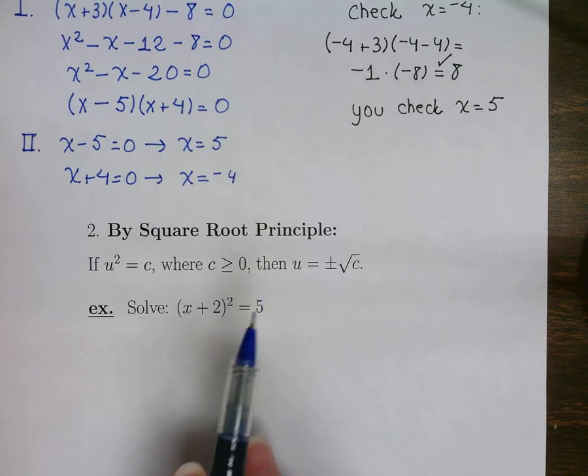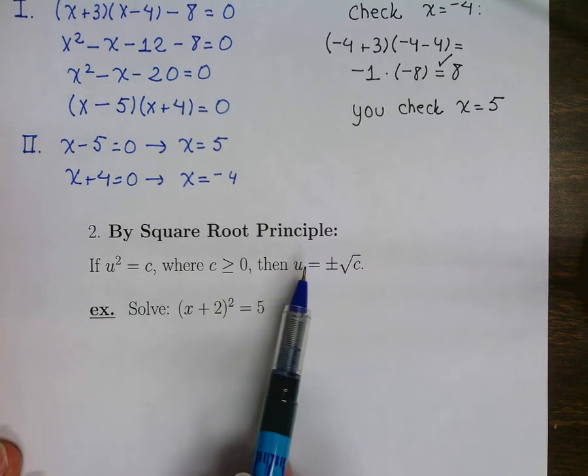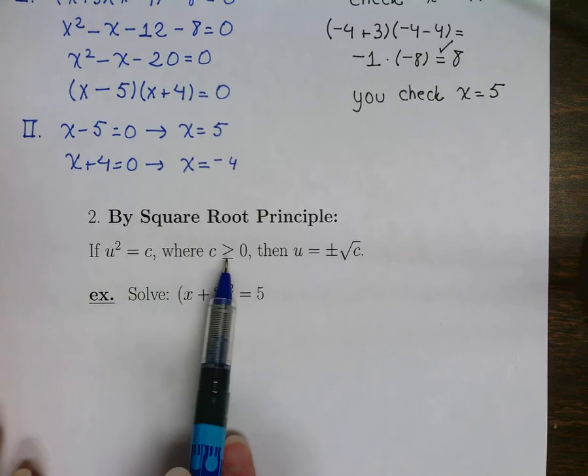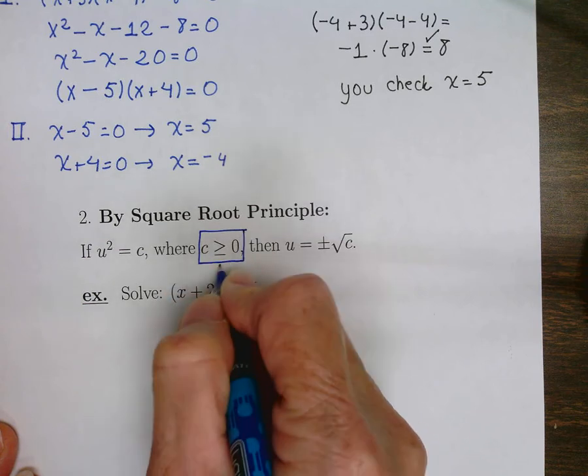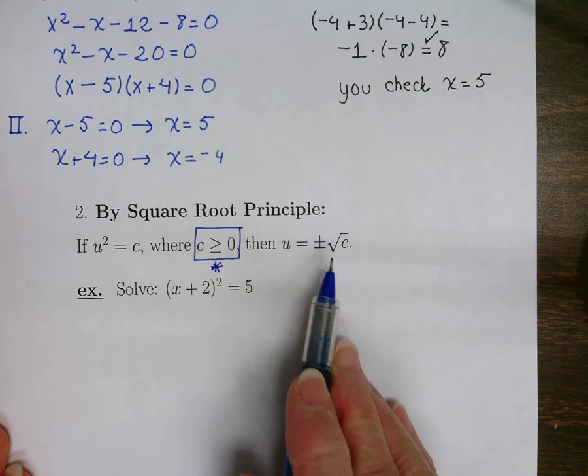Another type which we're not able to solve directly by factoring, we can use the square root principle. And that is if u squared equals c, where c is greater than or equal to 0, that's important, then u is going to be plus or minus the square root of c.